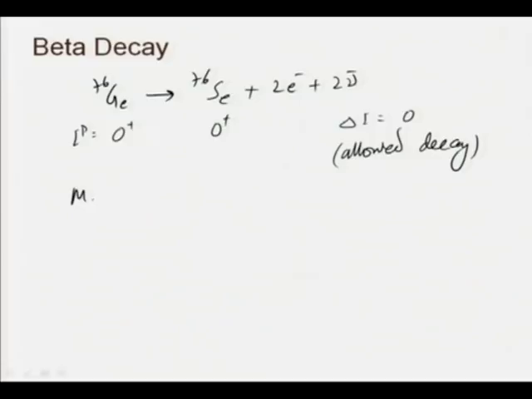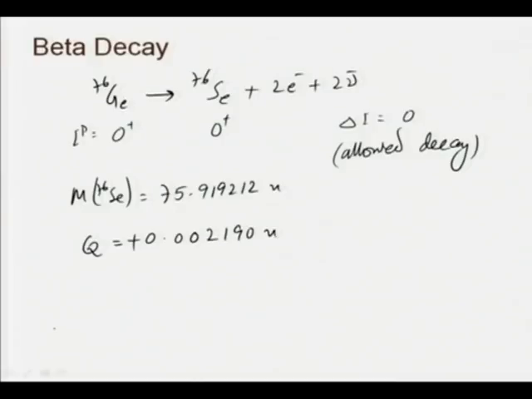What about the masses? M of Se 76 is equal to 75.919212 units and Q turns out to be equal to plus 0.002190 U, whatever the corresponding MeV is.